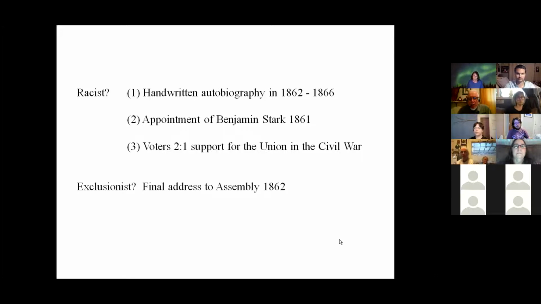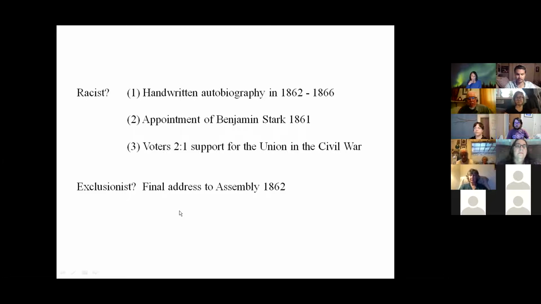Was he an exclusionist? Did he support the exclusion clause in the Oregon Constitution, which excluded Black Americans from living in Eugene back at that time? I also sent out the last page, the last few paragraphs, of his last address to the Oregon Assembly at the end of his term of office in 1862, with his call for the Assembly to enforce the exclusion clause.